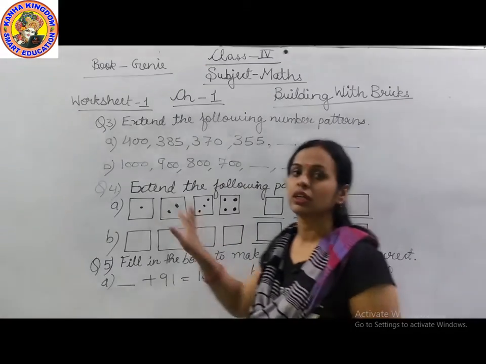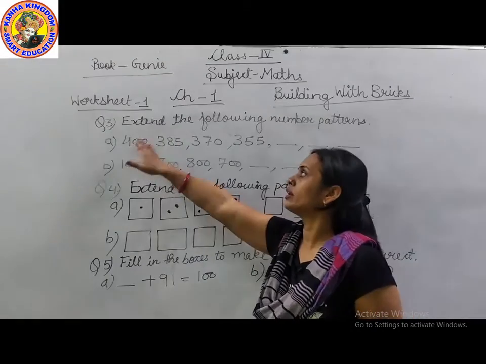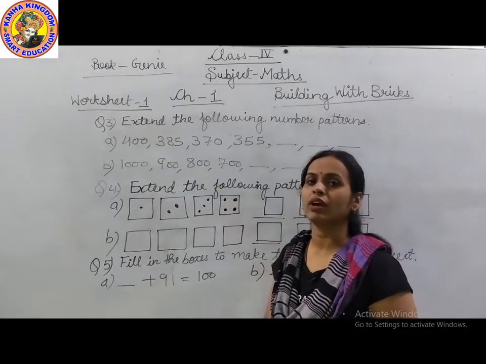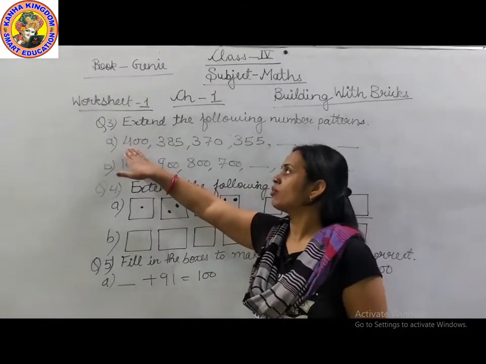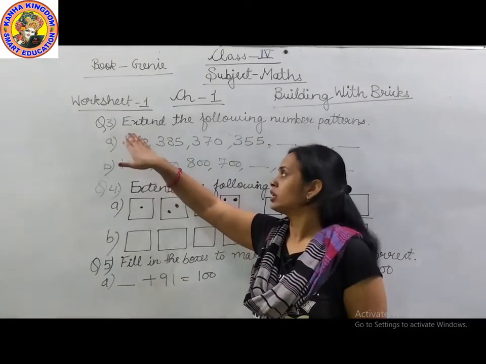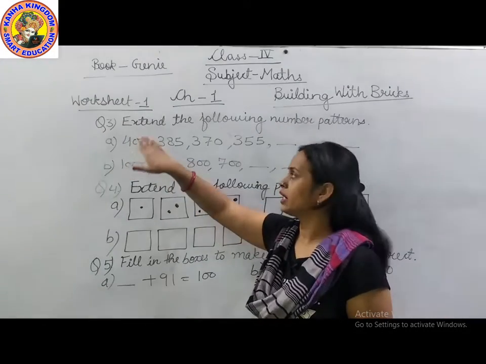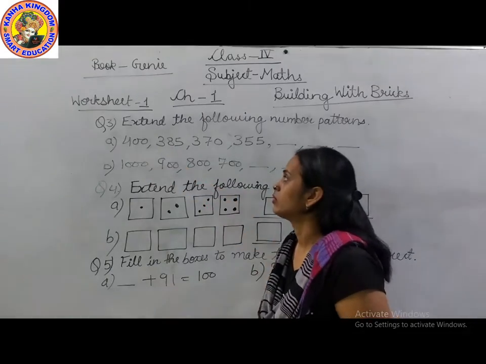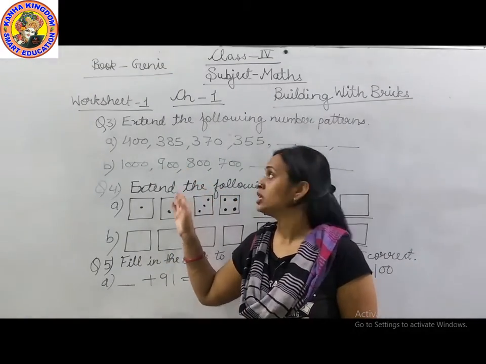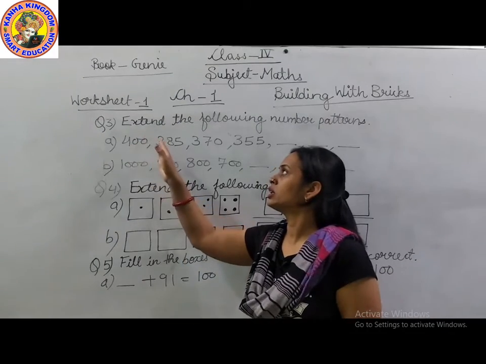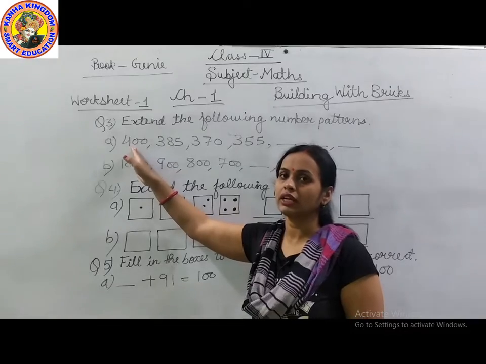So first we look at the difference between 400 and 385. So roughly 400 minus 15 equals 385. Okay. If we subtract 10, so that means 400 minus 10, 390.